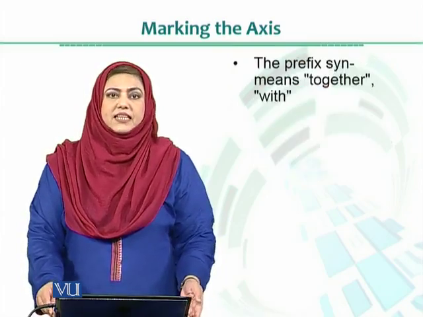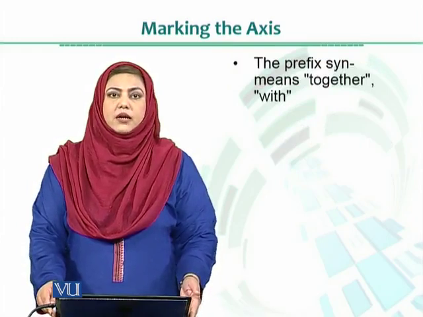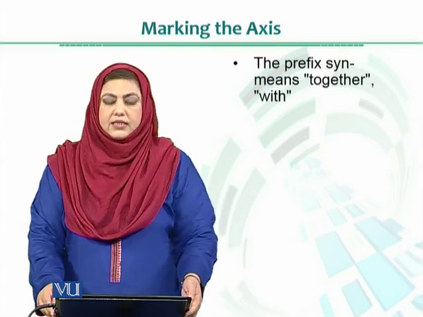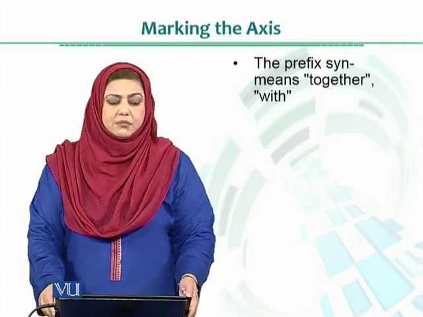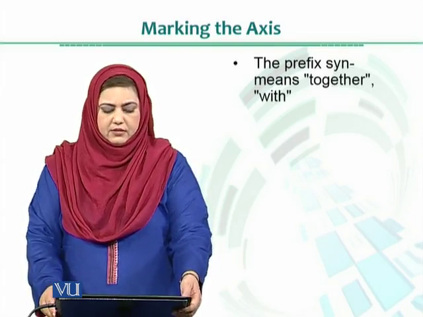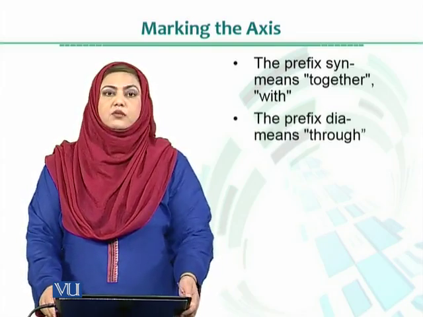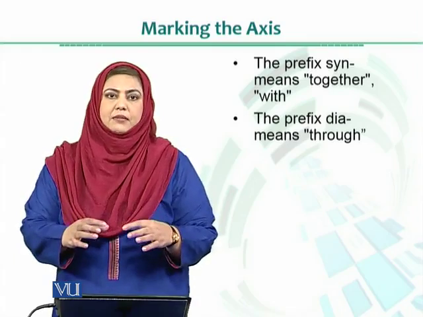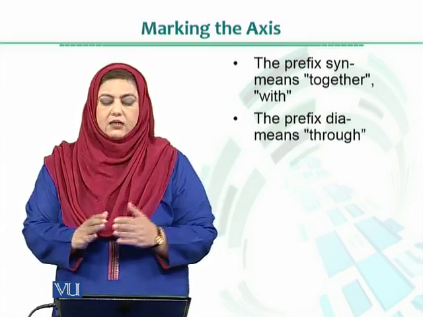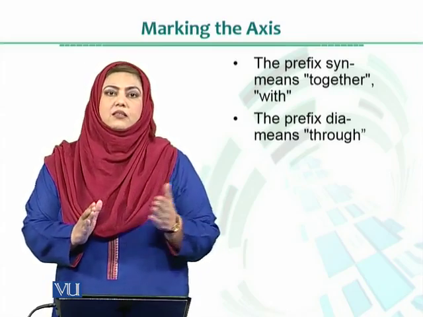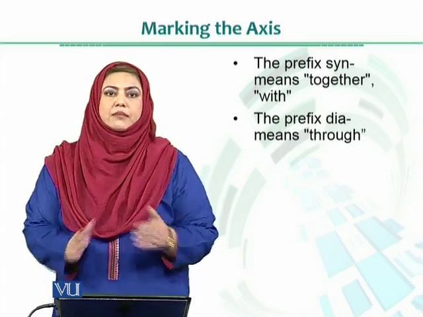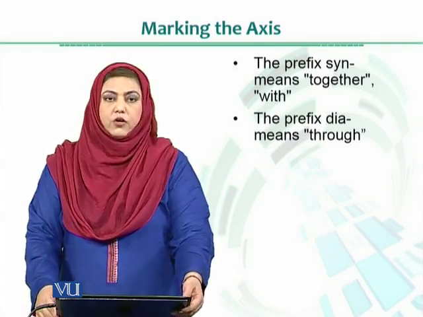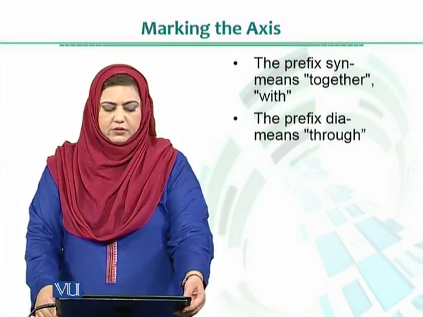As far as the prefixes attached to chronic, syn or dia, they have different meanings. Syn means together or with. Dia means through. So syn, together, at a time. And dia, through. Dia, through, chron, time: through time. So I think the terms themselves now give you an idea of what each of these means.